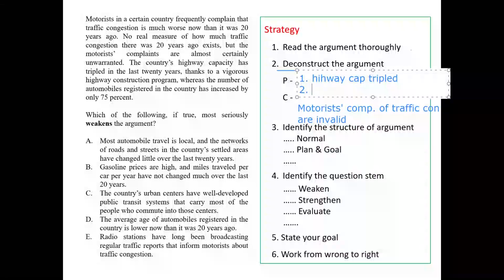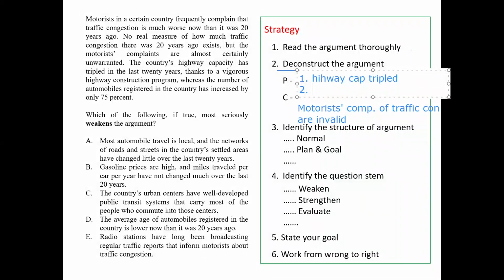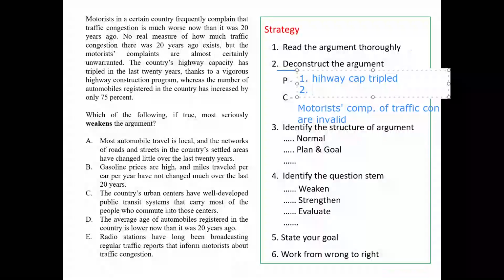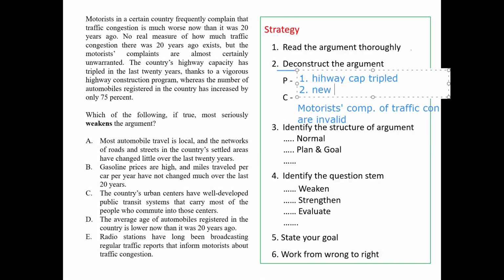So the number of automobiles registered simply increased by only 75%. Then where is the traffic congestion? There is no traffic congestion. Then why do you say that there is traffic congestion? This is how the author says that motorist complaints of traffic congestion are invalid. New vehicle registration increased by only 75%.